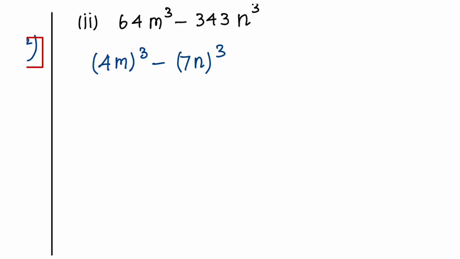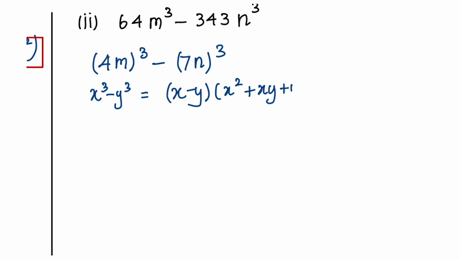Okay, so 4m the whole cube minus 7n the whole cube, and now you can use the identity x cube minus y cube, which is equal to x minus y into x squared plus xy plus y squared. Okay, so that is the identity. Now we are just going to apply this. In this case, x is equal to 4m and y is equal to 7n.